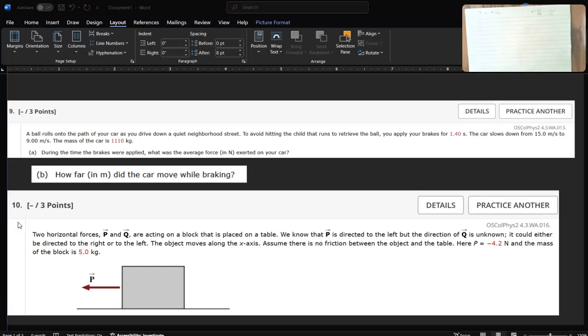And my change in velocity: I'm slowing down from 15 meters per second to 9 meters per second. So the change in velocity is your final velocity minus the initial velocity, so in this case it's 9 minus 15.